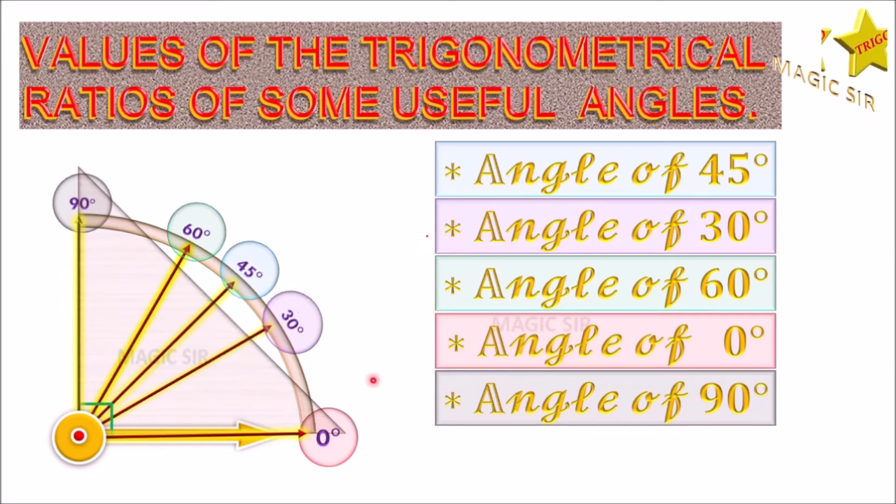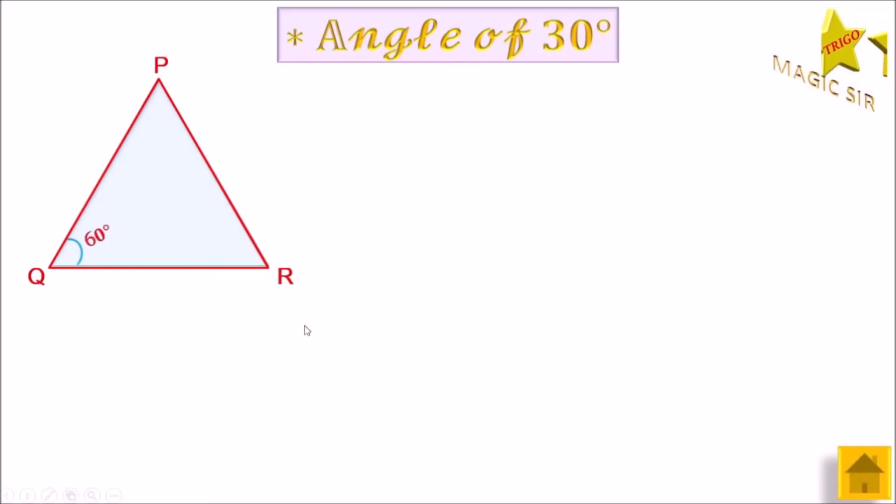At first, we will find the values of the trigonometric ratios for the angle of 30 degree. So let us start with angle of 30 degree.